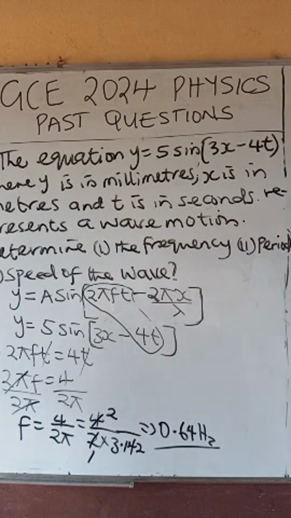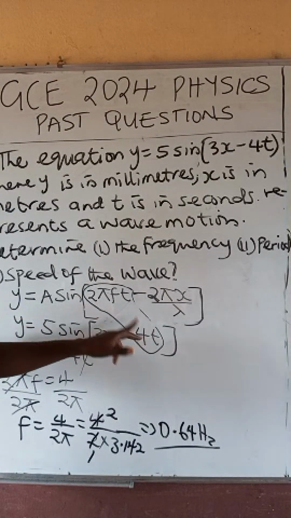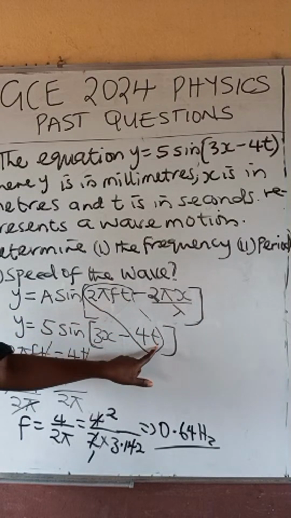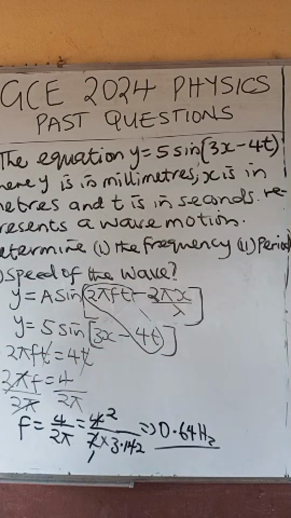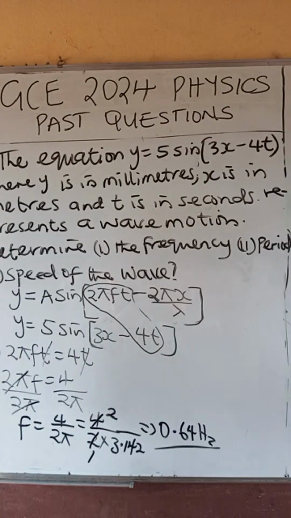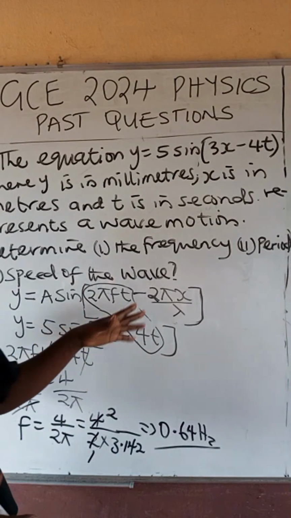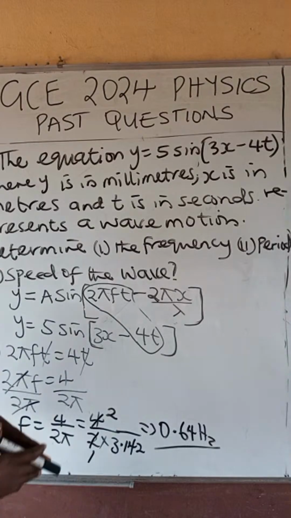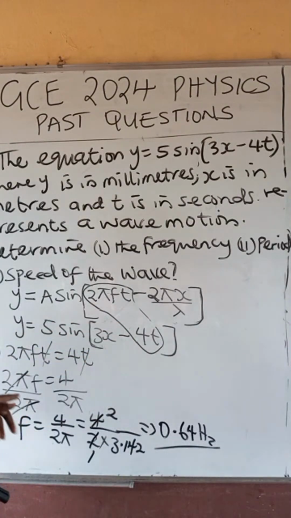Now let me go again. I said we are doing comparison in this question. This is the progressive wave equation, and we are comparing with the one given to us. So after the comparison, we equate this and this, because this one has t, and this one equally has t. The other side is a phase angle that has a phase difference. It can be plus or minus, so irrespective of its position, the sign does not change. So we compare this and this. We have 2πft = 40, right? Now, what is common? t is common.